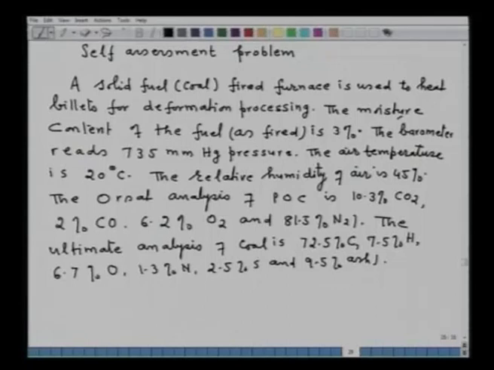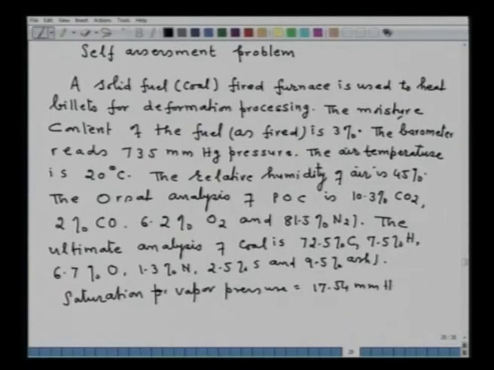Air temperature is given, the relative humidity is given, and it is also given the saturation vapor pressure of moisture at the temperature, that is equal to 17.54 millimeter mercury.